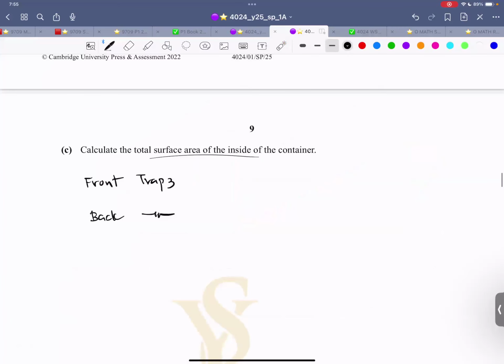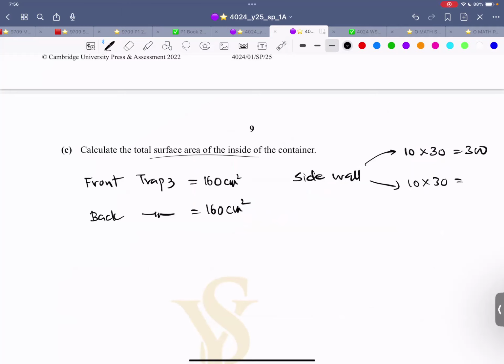So front trapezium, that is 160 centimeters square. Back trapezium, that is 160 centimeters square. There is a side wall. There is one wall over here. That is how much? 10 into 30. That is 300. The other wall, that is also 10 into 30. That is 300. What is left? The base rectangle.